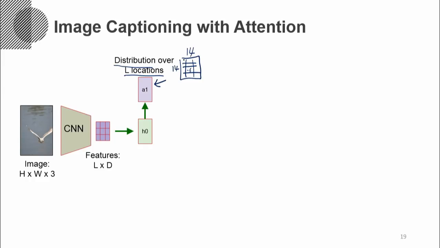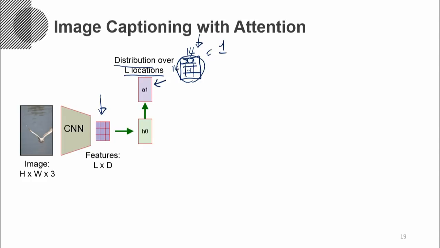In total, we will have 196 different values, and the summation of all these values will be 1. That way, we can view this 14 by 14 matrix as a distribution over different regions. And this distribution works as the weighting factor that indicates where to look more closely in our feature map extracted from our convolutional neural net.